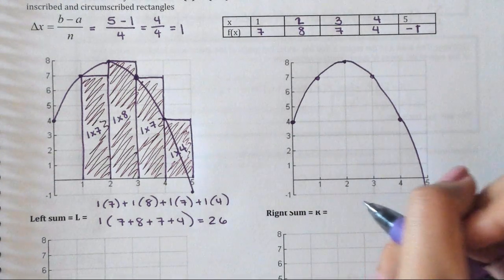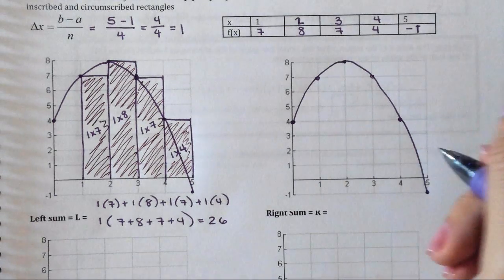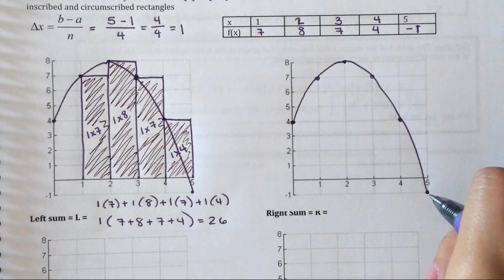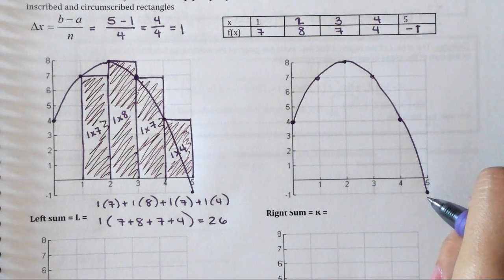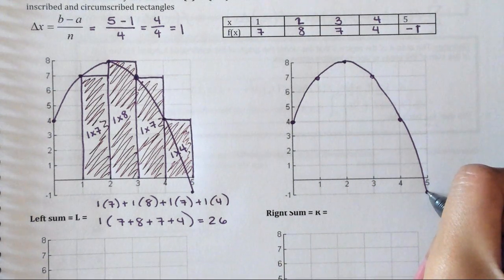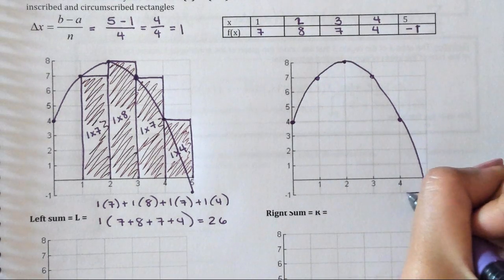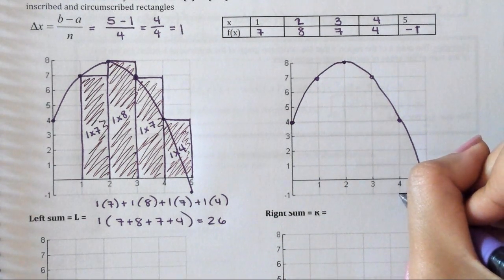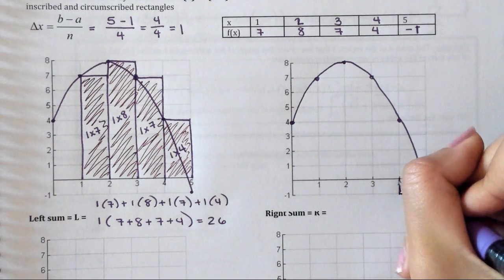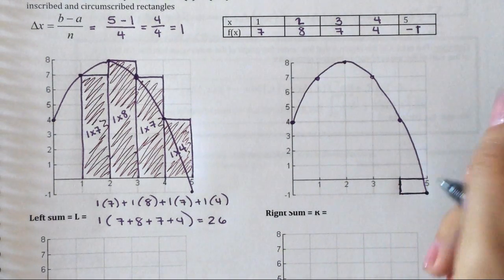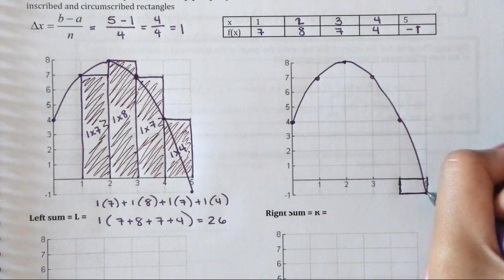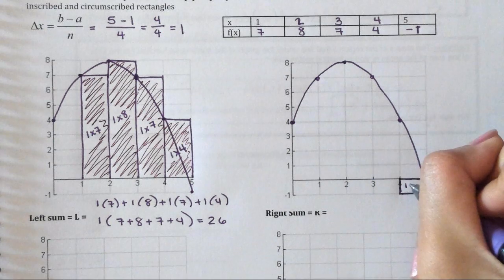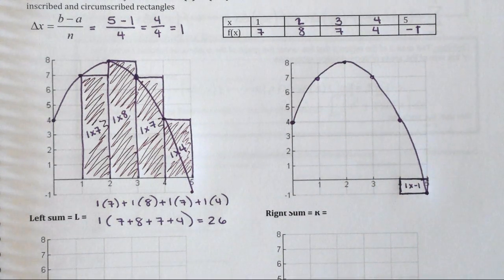So for the right Riemann sum, I'm going to start from the right hand side and move over, from 5 over here. That's going to be weird. It's going to be 1 times -1.